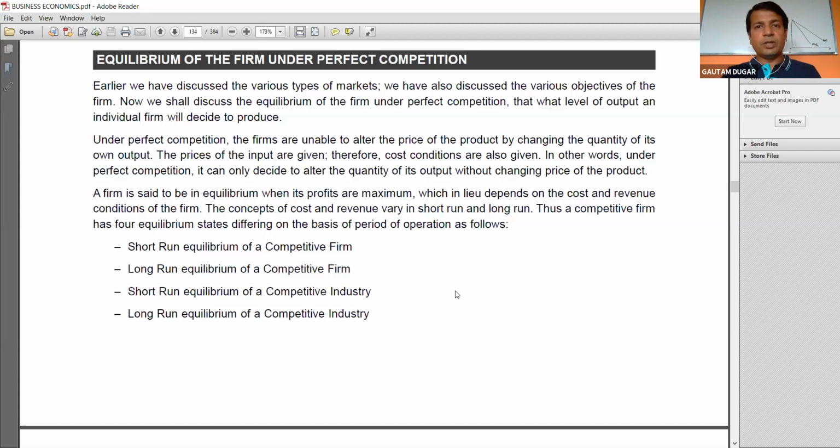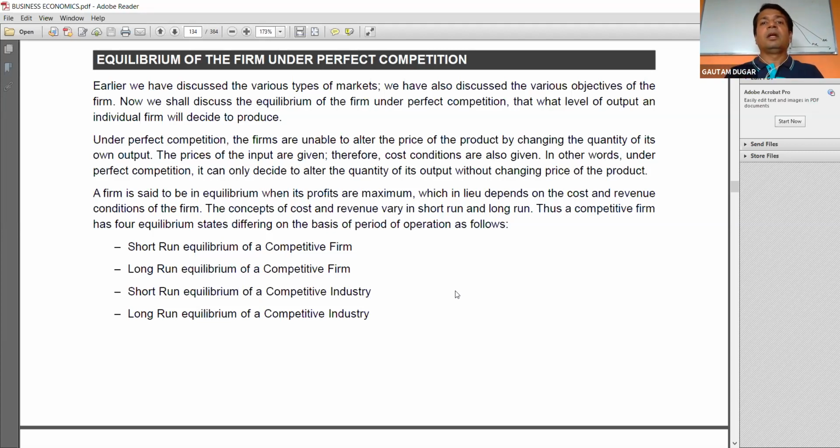So these three concepts, the break-even point, shutdown point, and the point of supernormal profit, you must know. The break-even point is the point where the firm is earning only normal profits: AR equals AC or TR equals TC.